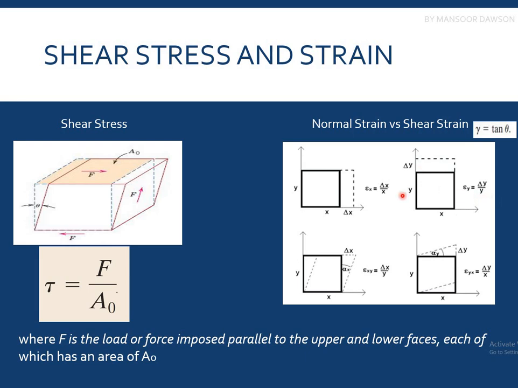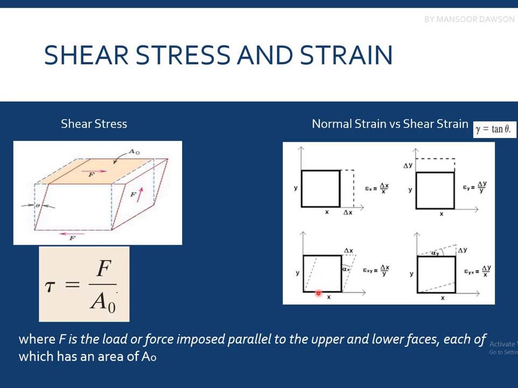But in the case of shear strain, if you apply the load in the x direction, this increased length from the original is your delta x, and you can see that the length in the perpendicular direction, y, is also changing, it's increasing. So we have to consider this as well.